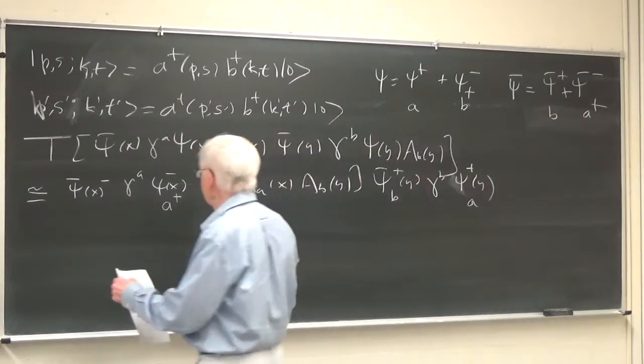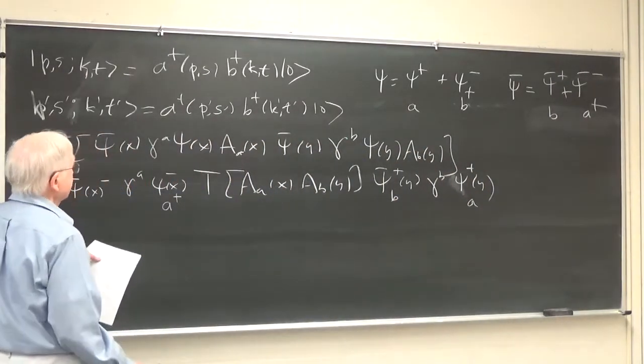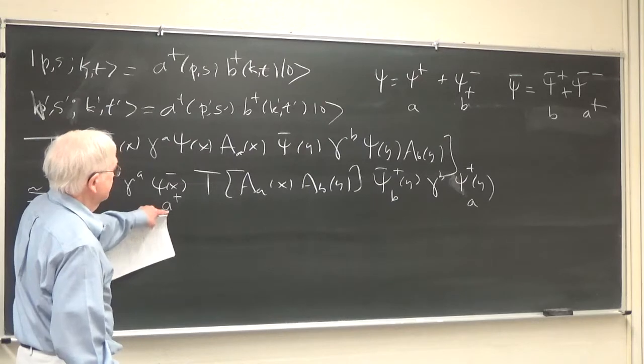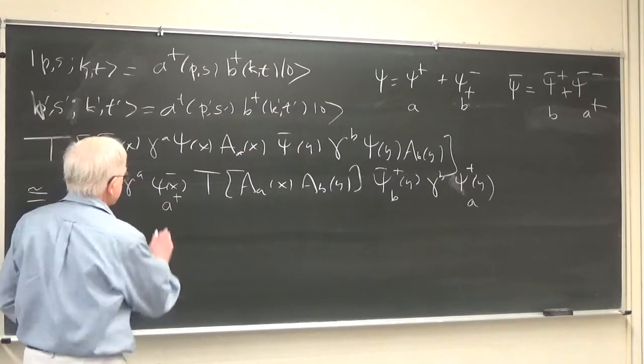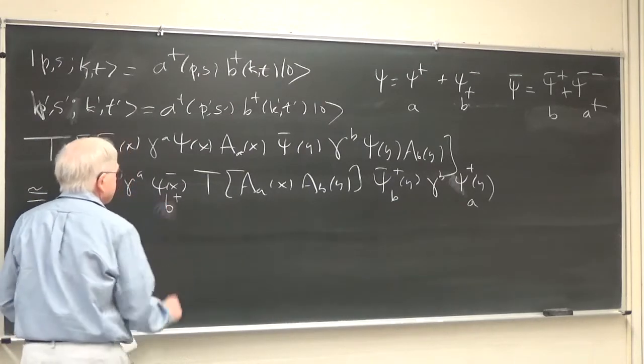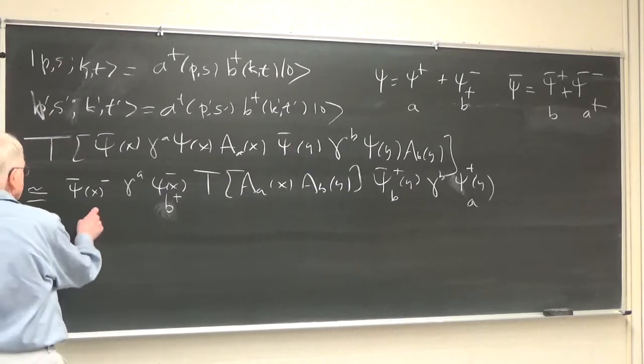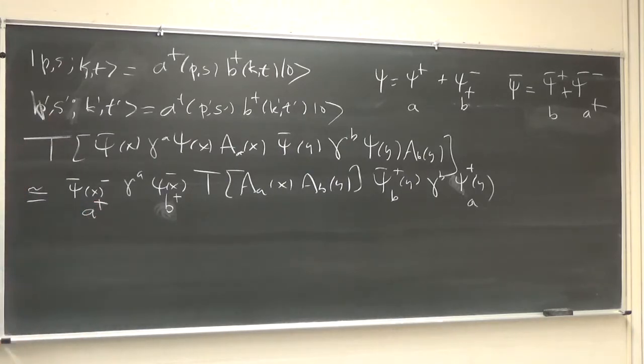Yeah, this should be psi minus. Ah, it is, there is a psi minus, and psi minus is creating the outgoing positron, and then psi bar minus is creating the outgoing electron. Okay, so that's all straight.